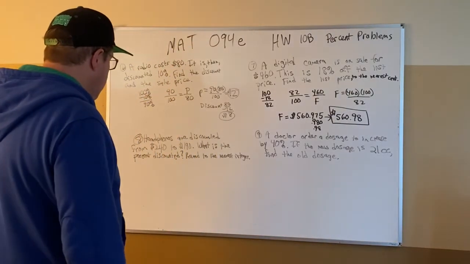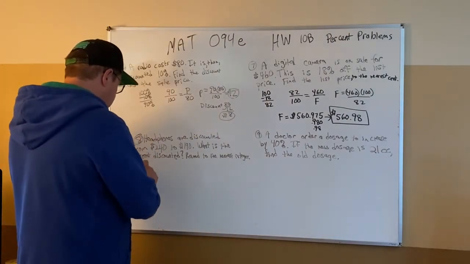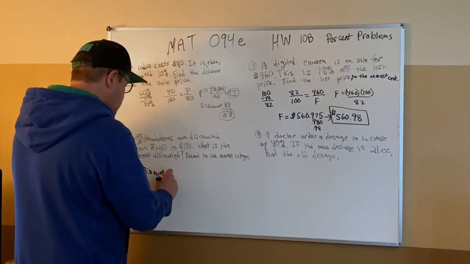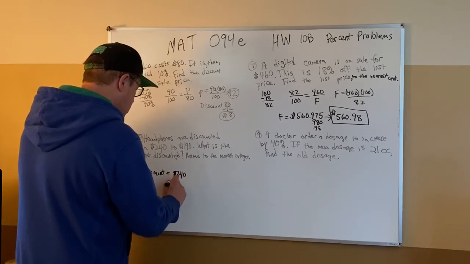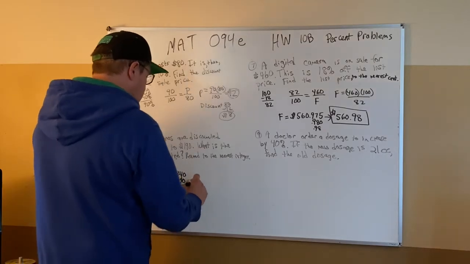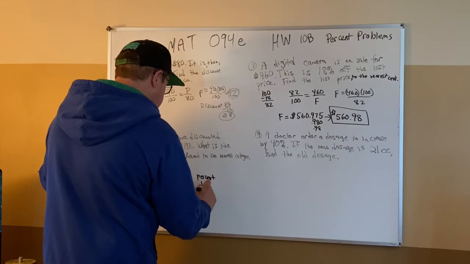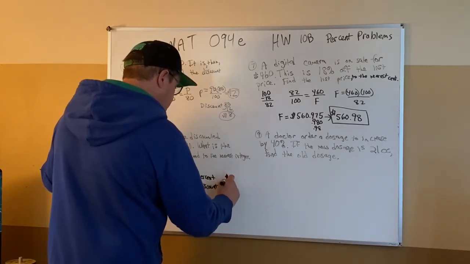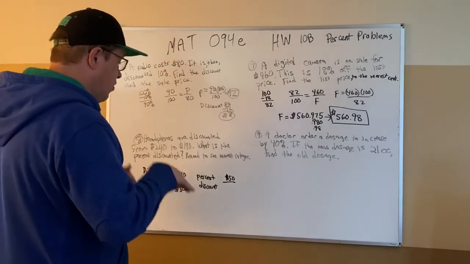Headphones are discounted from $240 to $190. So we got to find out what the discount is. So discount is equal to 240 minus 190. $50 off. Percent of the discount must take what you got off, which is your $50, over the original price. It doesn't matter which is higher or lower. You're going to go for change.